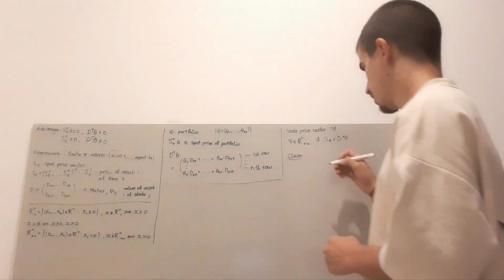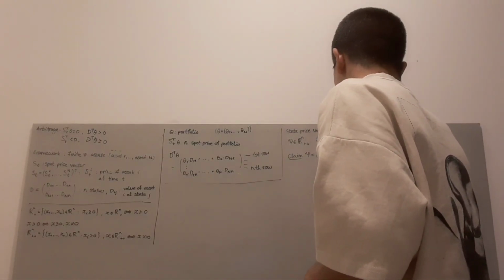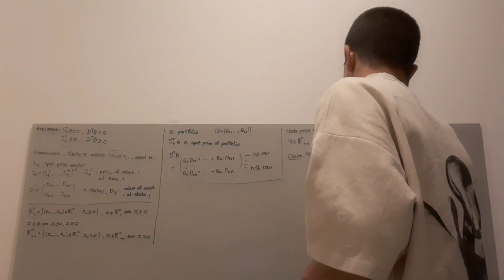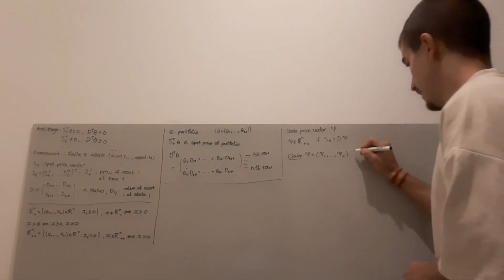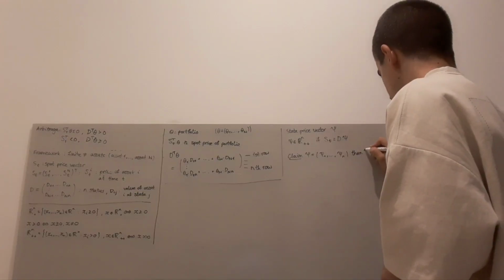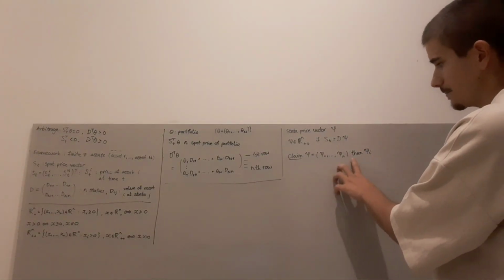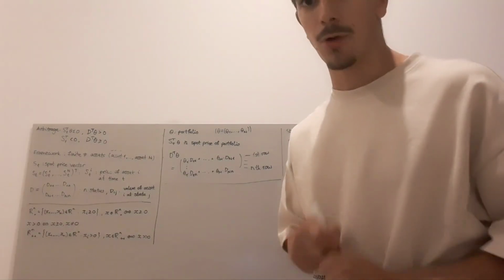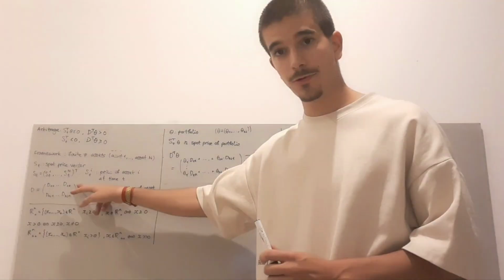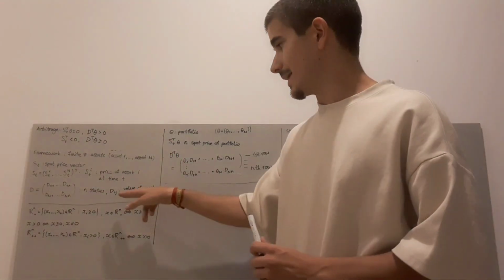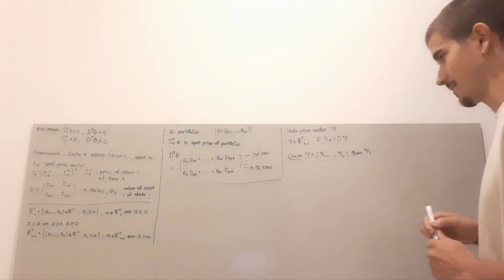I'm going to claim that if we let psi be psi 1 all the way up to psi n, I think it's small n dimensions, then, I'm not going to write this down, but I'm going to explain it. I'm going to claim that psi I is the marginal price of increasing the value of our portfolio by 1 in the state number I. And that's a bit confusing, but I'll explain what I mean now.